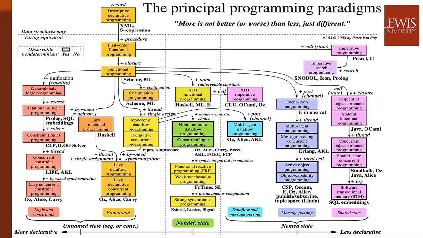And here is the principle of programming paradigms. So how to study this? This actually tells you what the different programming paradigms are. You have descriptive, declarative programming, and then first order functional programming, okay, starting from here, it branches out into different things. So from first order functional programming, it branches out imperative programming, and it's C, C++, Java.